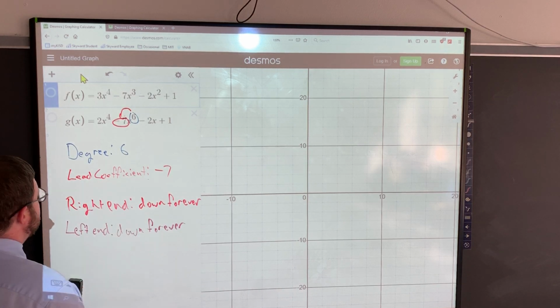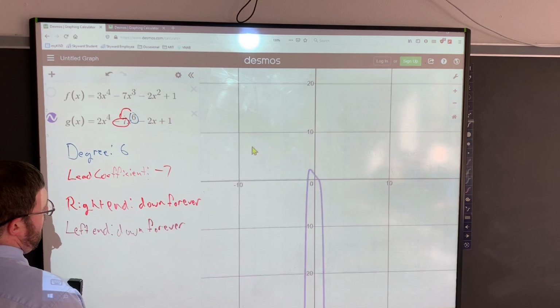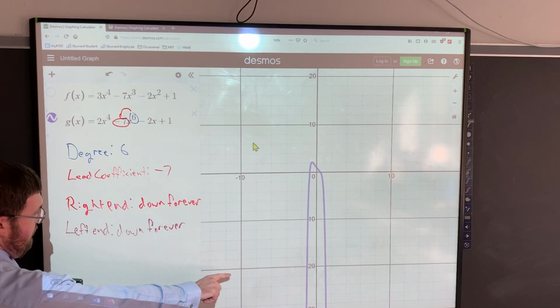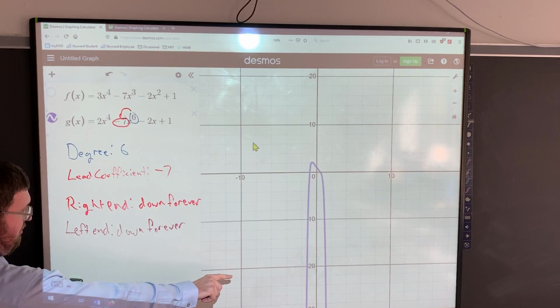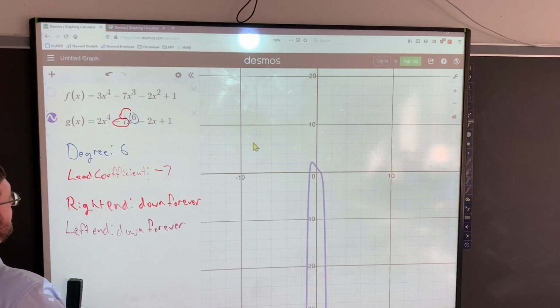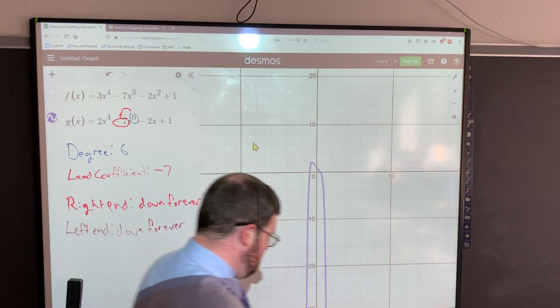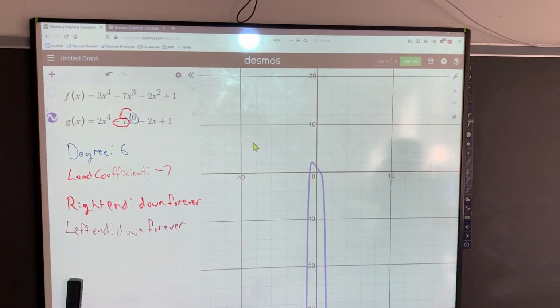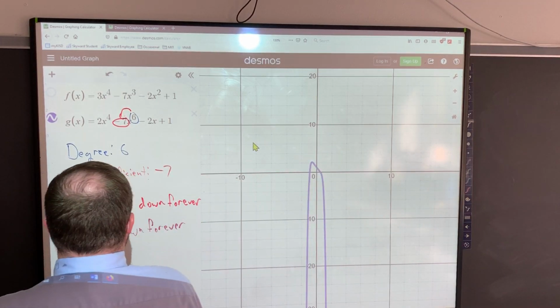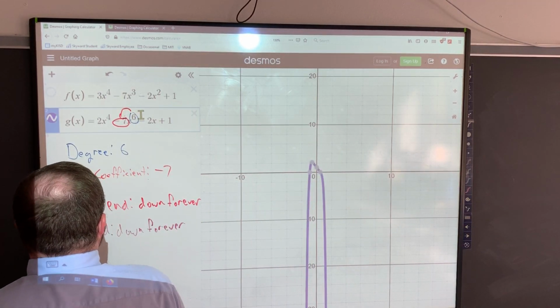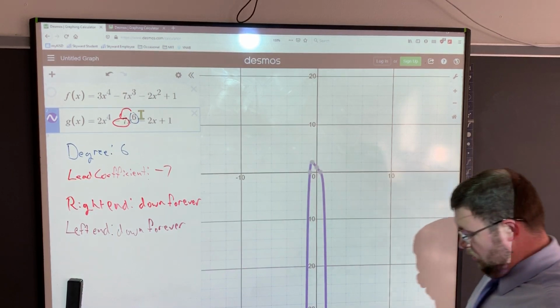Let's check Desmos and see if this does what we said it would. The right end does go down forever and the left end also goes down forever on this one, just like we said it would. If I change this degree, I can change the degree, that highest exponent, to anything I want to.